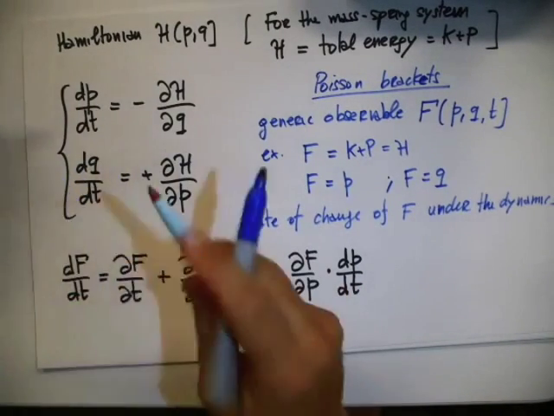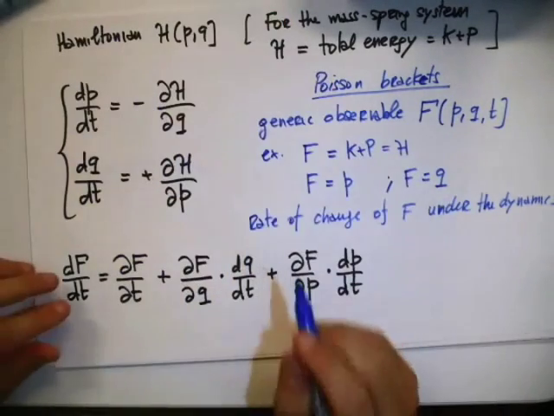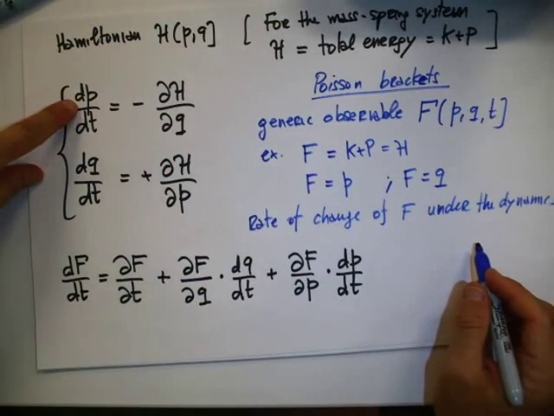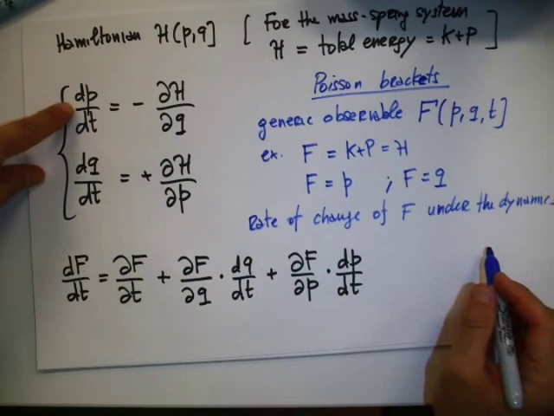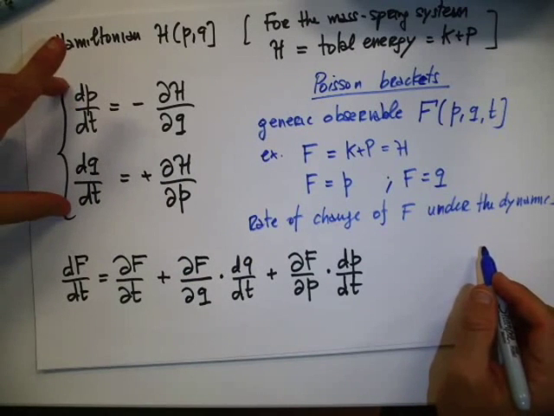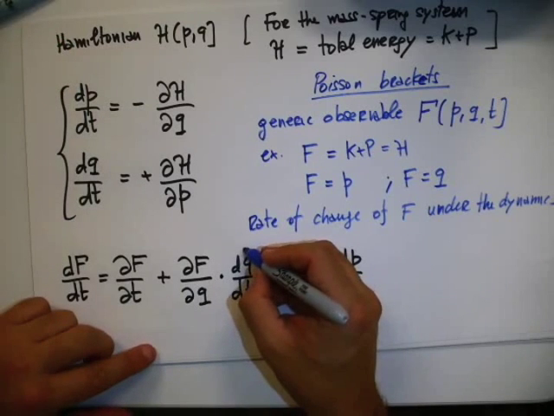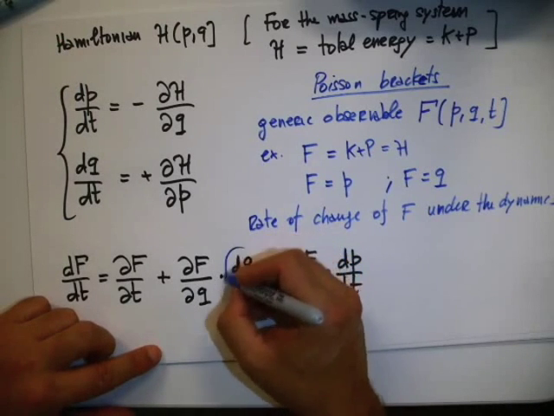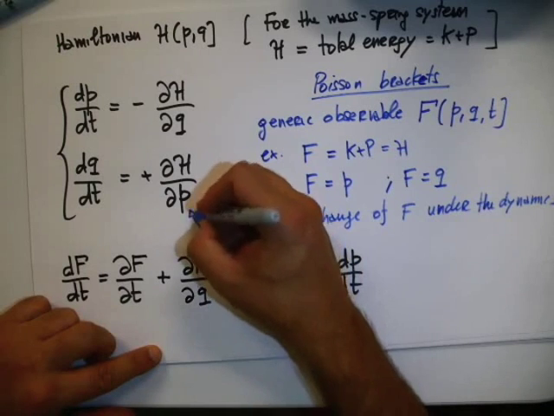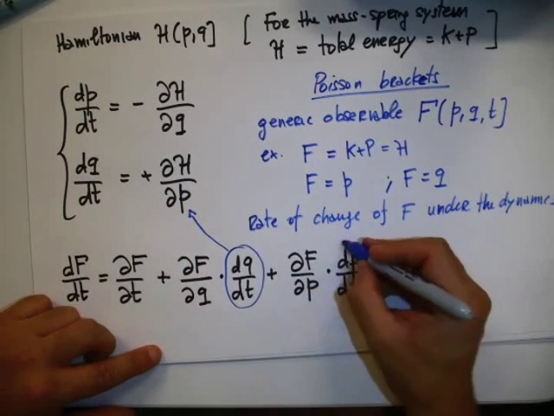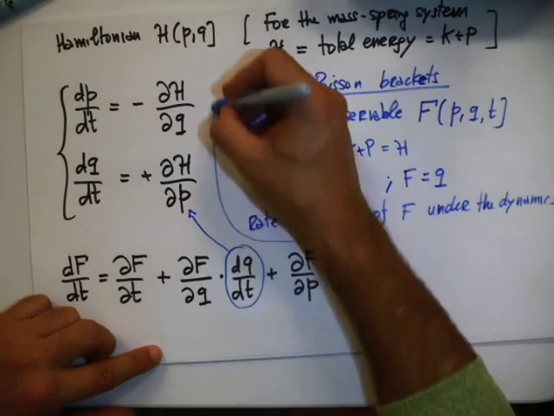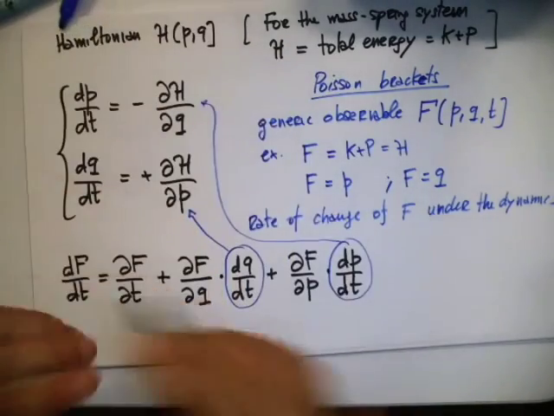But now I can exploit the properties of my system, which satisfy these equations, so this is this, and this is going to be this.